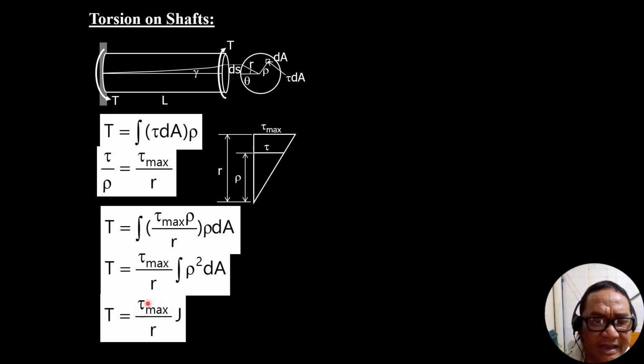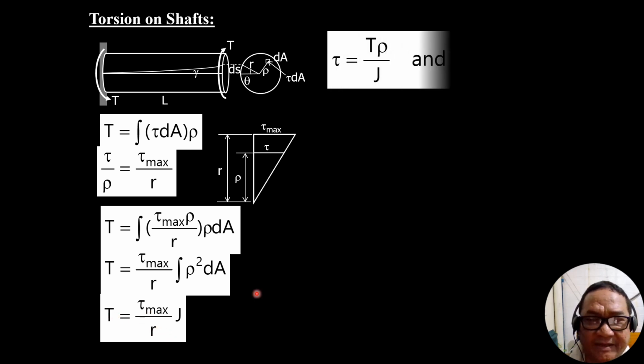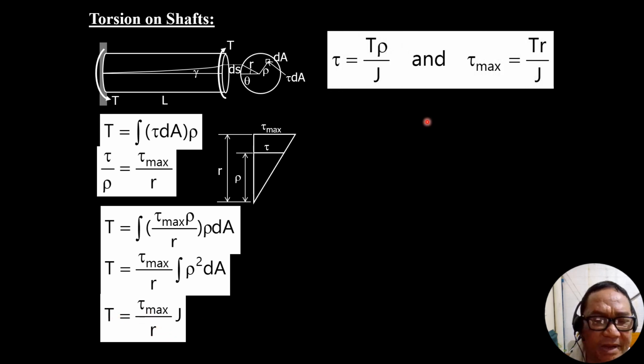So if I replace this by just tau, and this one should be rho, shear stress is equal to torque times rho divided by J. And tau max is equal to torque R over J. So we replace tau max by tau, R by rho from this expression here, and it comes from actually here.